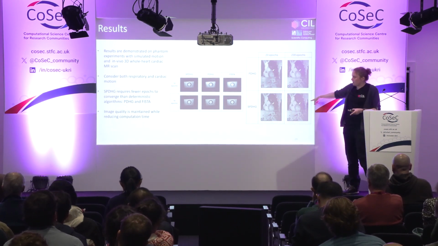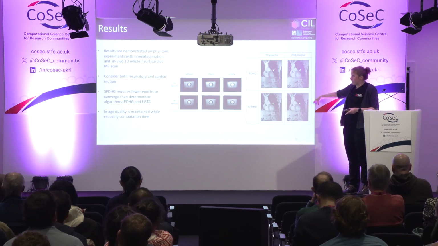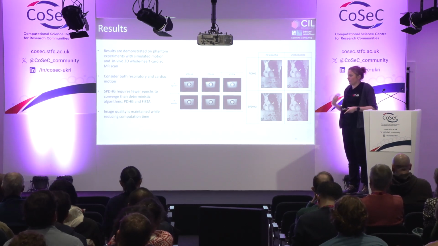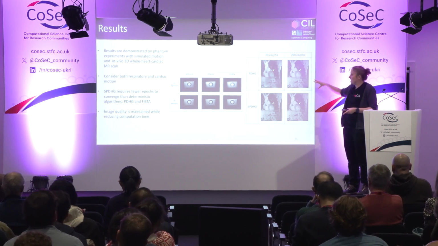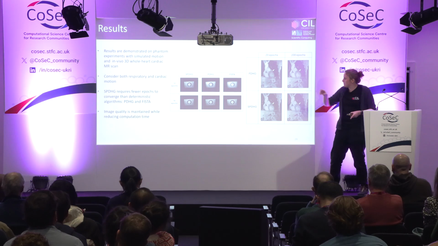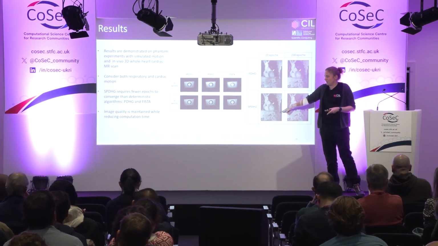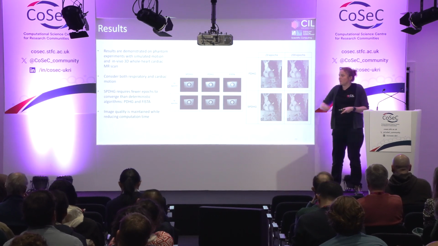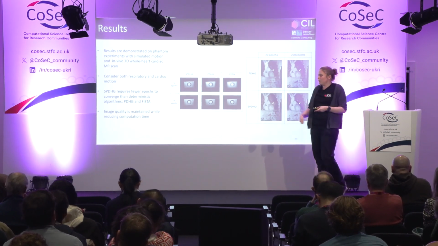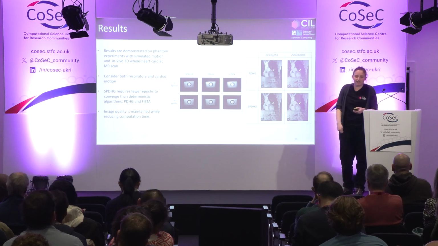And this is a cardiorespiratory in vivo whole heart MRI scan on the right. You might not be able to see at the back, but PDHG is quite blurry here at 20 epochs, while SPDHG is giving quite sharp images. So image quality is maintained while reducing computation time with these stochastic algorithms.